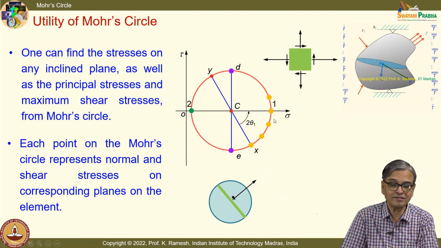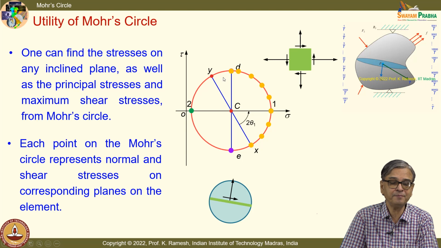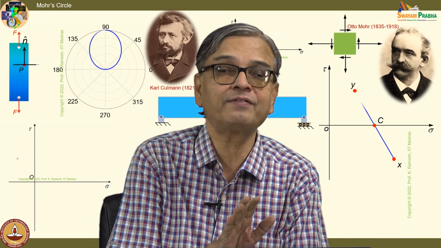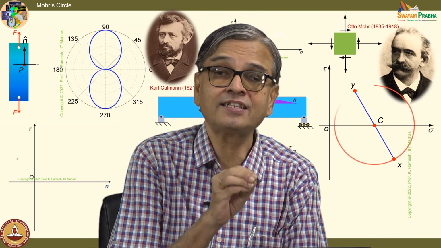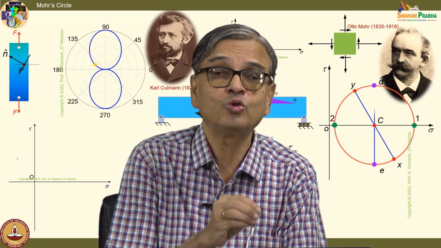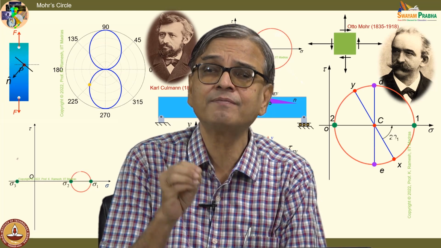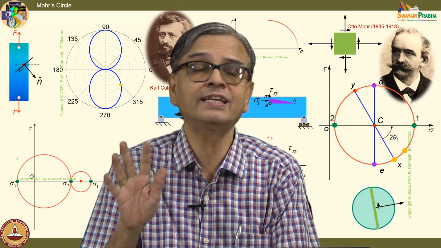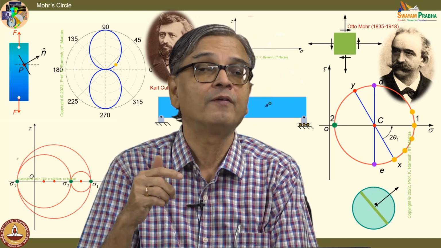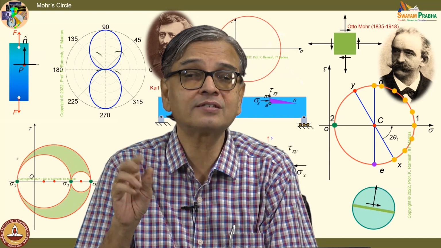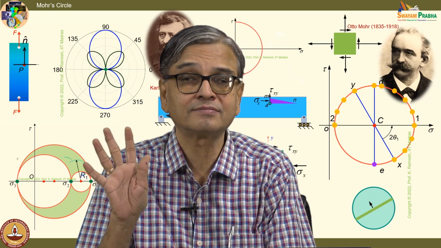Then, once I go here, shear changes its direction, shear keeps increasing and shear reaches a maximum. And the knowledge what you have is, when shear reaches a maximum, you will invariably have normal stress also in a generic situation. In one situation, you will have normal stress is 0. What is that situation? We have just now seen.